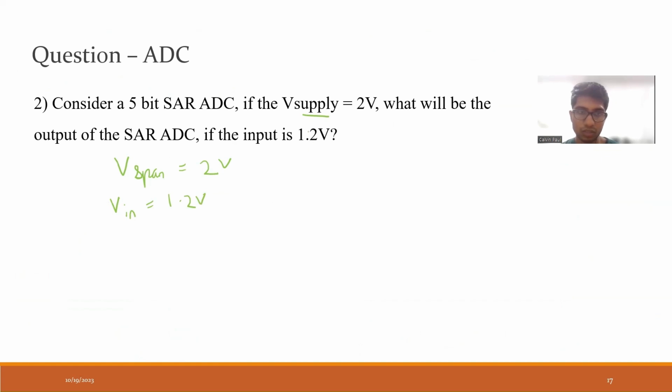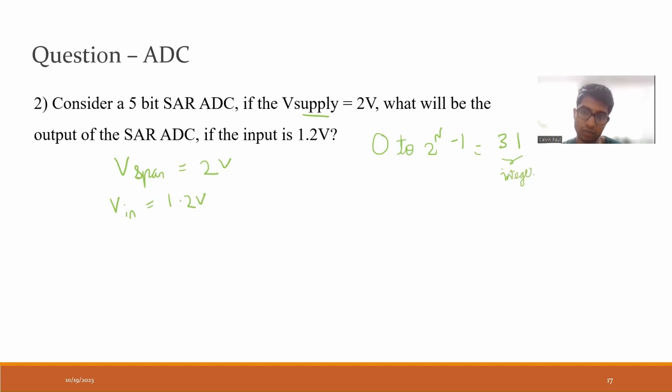Now the range of the digital output of my ADC can range between 0 to 2 raised to n minus 1. So 2 raised to 5 is how much? So this can range between 0 to 31, in decimal, in integer form.